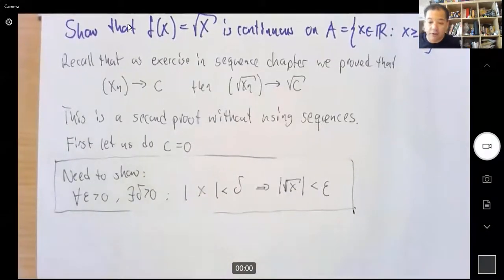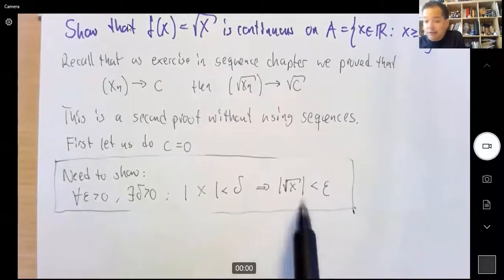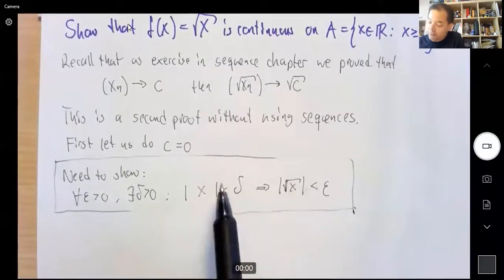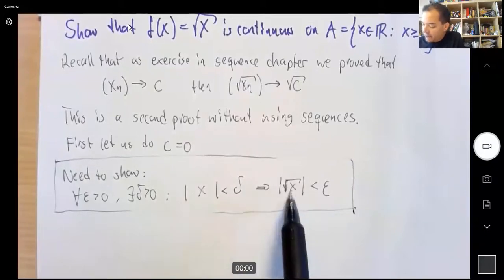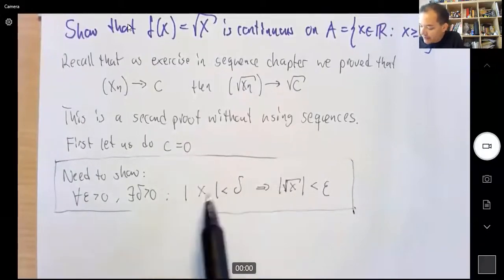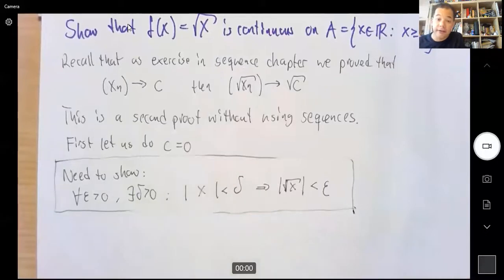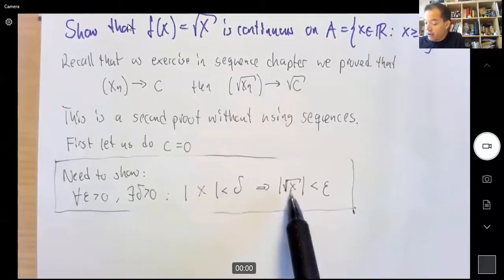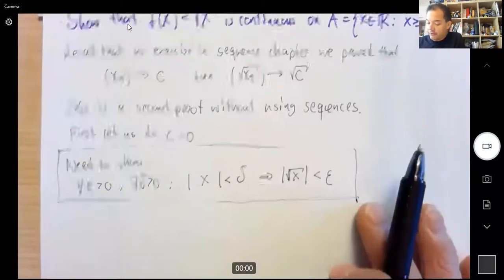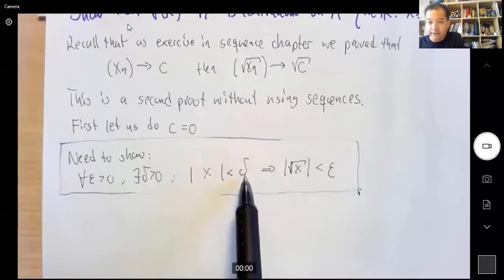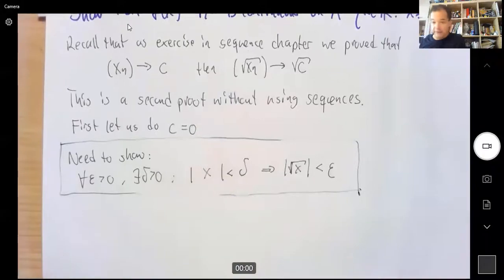And there's a very easy way to go from here to here, or from here to there. To go from square root of x to x, all we do is square it. And to go from here to here, all we do is take the square root. So the relation is clear. So we should use as our delta epsilon squared, right?